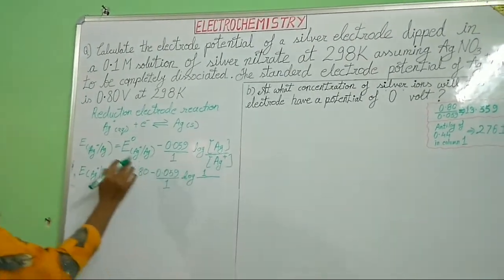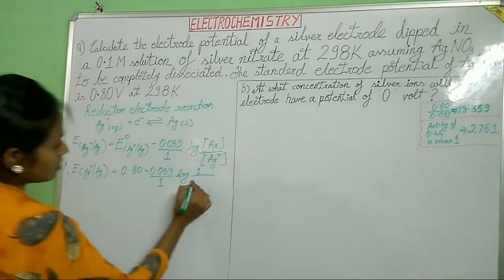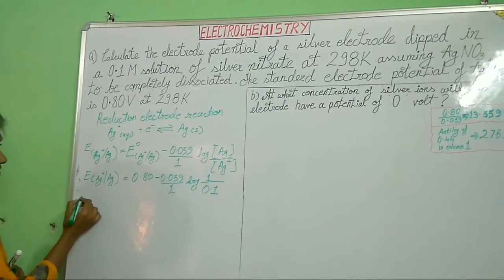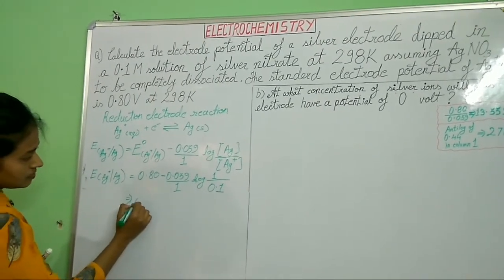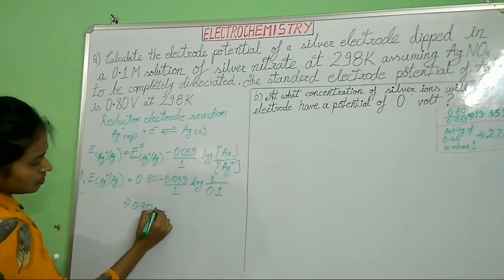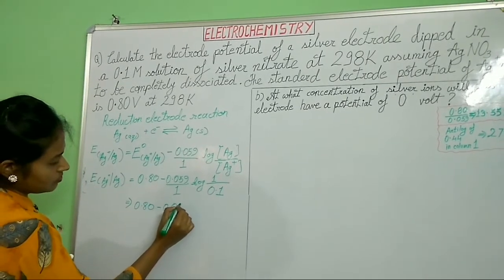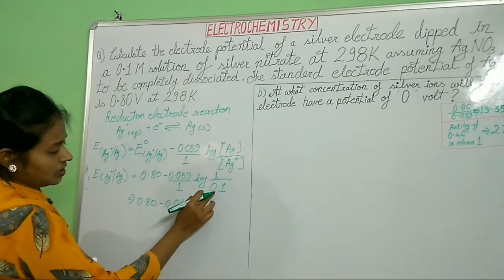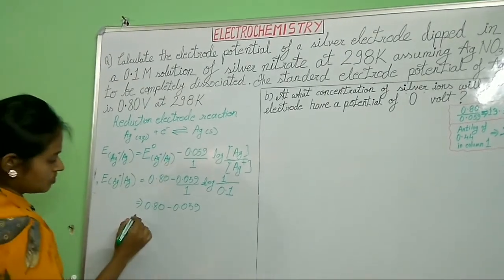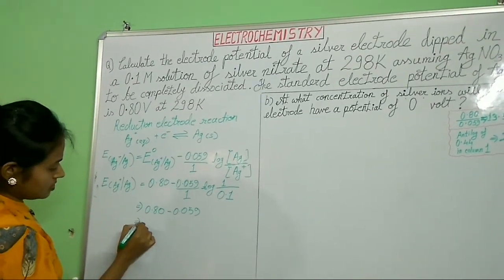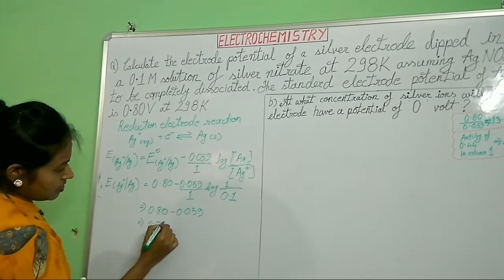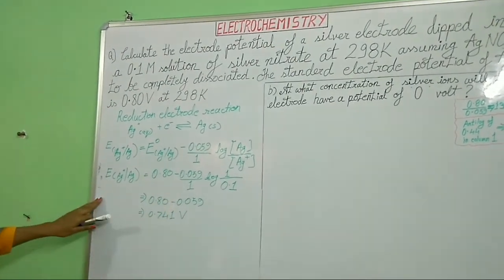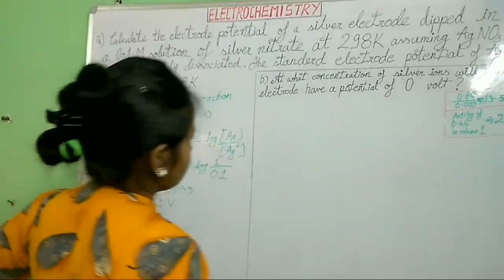And what is the silver ion concentration given here? 0.1. So, log 1 by 0.1. Next step will be 0.80 minus 0.059. So, log 1 by 0.1 will be log 10 and log 10 is 1. So, we will directly subtract this. 0.741 volt will be the electrode potential of this silver nitrate cell.